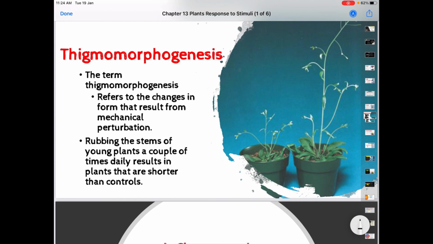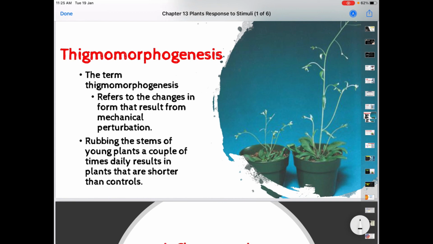Thigmomorphogenesis refers to the changes in form that result from mechanical perturbation. For example, if we rub the stem of young plants a couple of times daily, the results will show that the plants are shorter compared to the control plants.